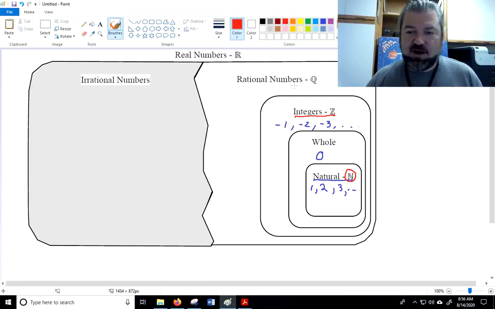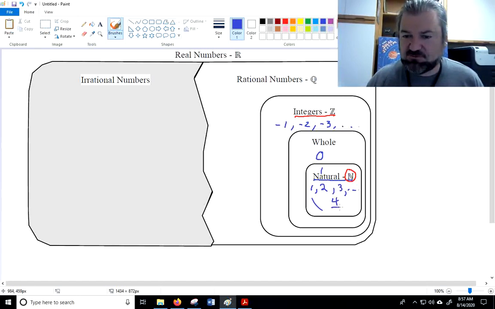All right, rational numbers. Now we're ready to add to this rational numbers. Well, rational numbers are numbers that can be placed in a ratio. And notice that each one of these subsets is inside the other. So the integers includes the whole, which also includes the natural. And the rational includes all the integers. And I want to make sure you understand why. Because if I had the number, say, 4, well, that's a natural number. It's definitely a whole number, and it's an integer.